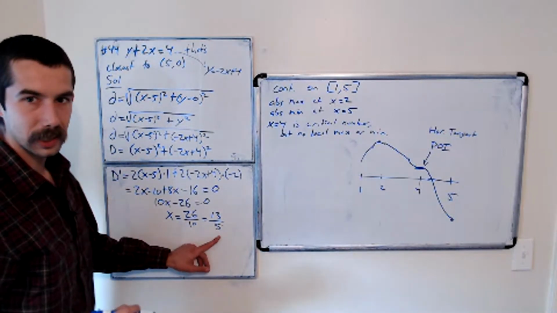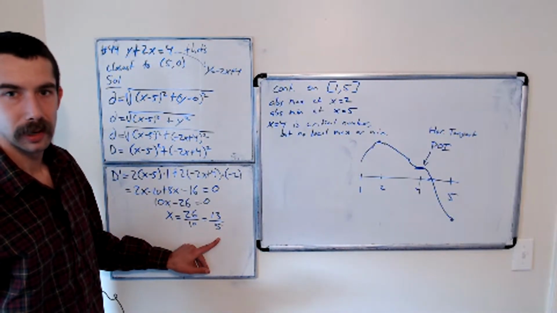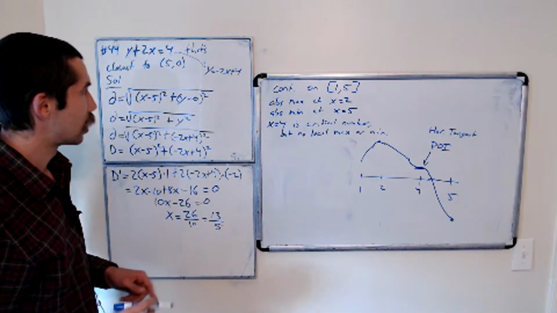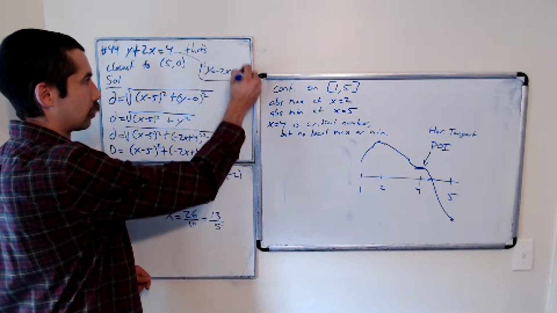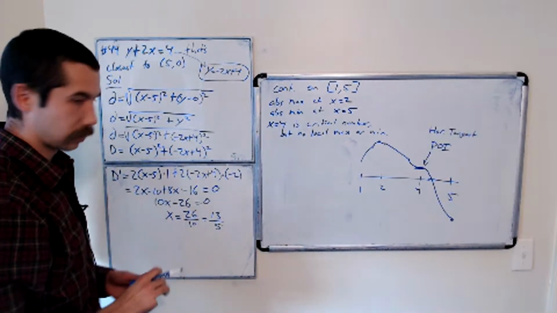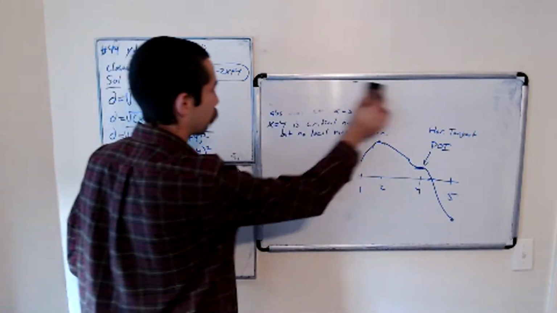Okay, so the point that's closest to the point (5, 0) has an x component of 13/5. And how do we get the y component? We just plug it in to this guy here. Okay, so I'll do that up here.